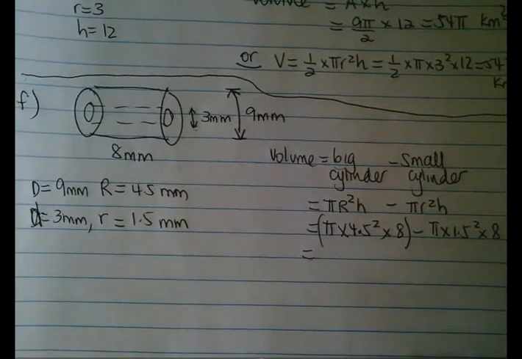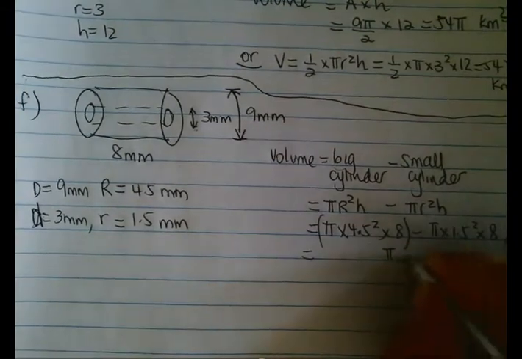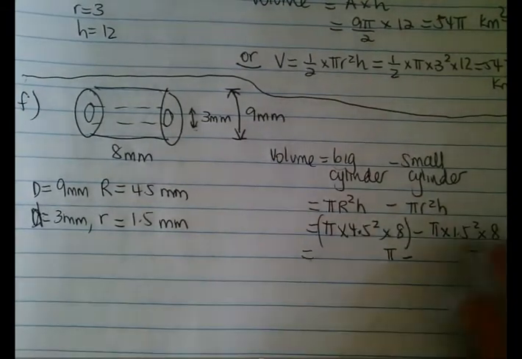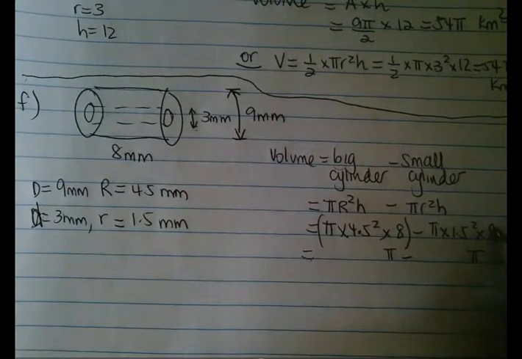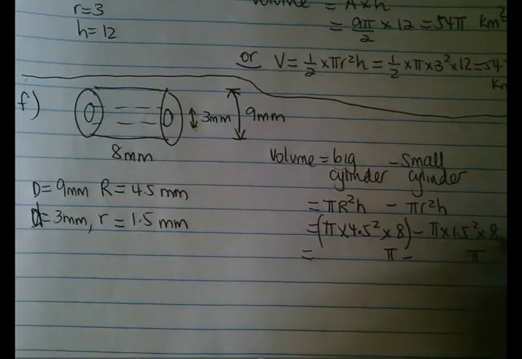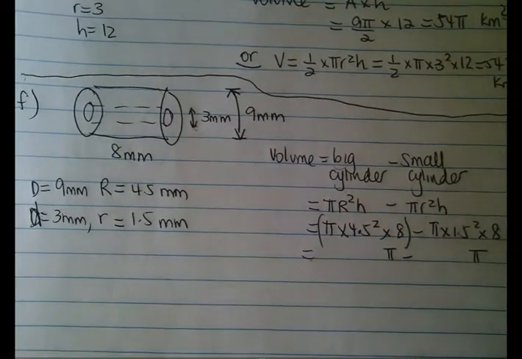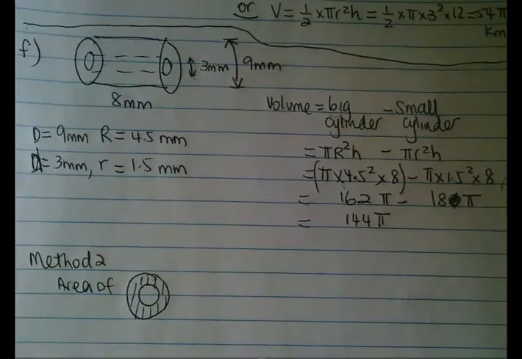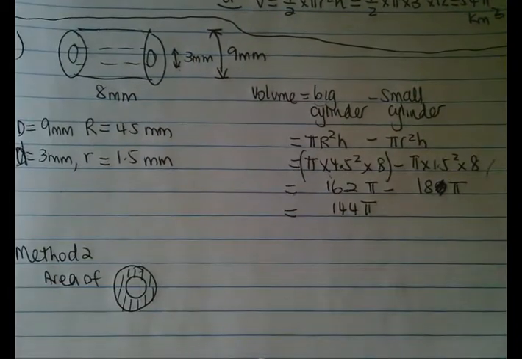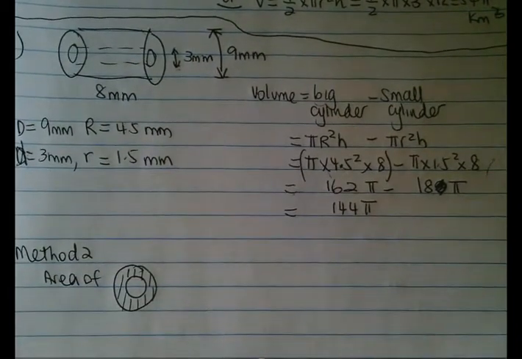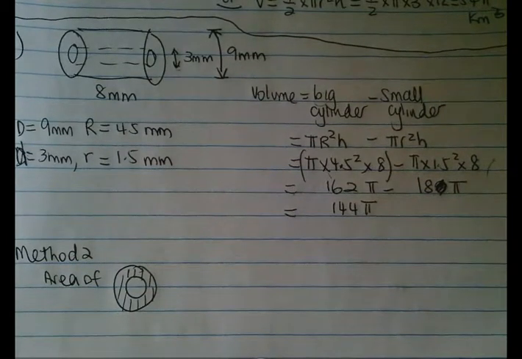And you don't need to stick the pi in. Volume of big cylinder minus volume of small cylinder, one shape, and I'm solid and I'm cutting out the other solid from it. Then that's how you would do it.